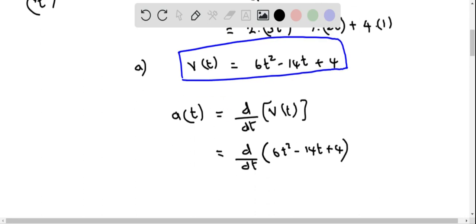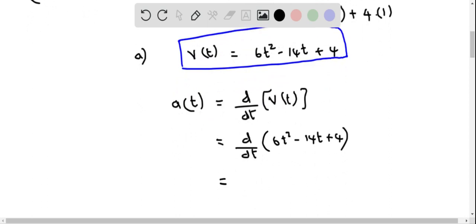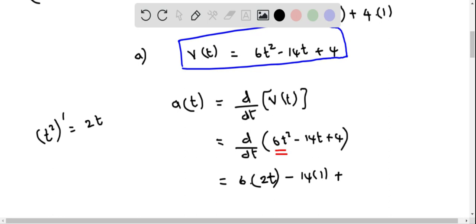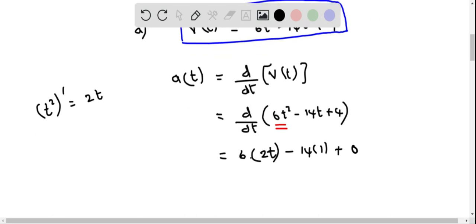Let's find the derivative of each of the terms. So first I find the derivative of 6t squared. I put the 6 as it is, and then multiply with the derivative of t squared. The derivative of t squared, using the power rule, is 2t. So I put 2t here, minus 14 times the derivative of t, which is just 1, and the derivative of 4, which is a constant, is 0.